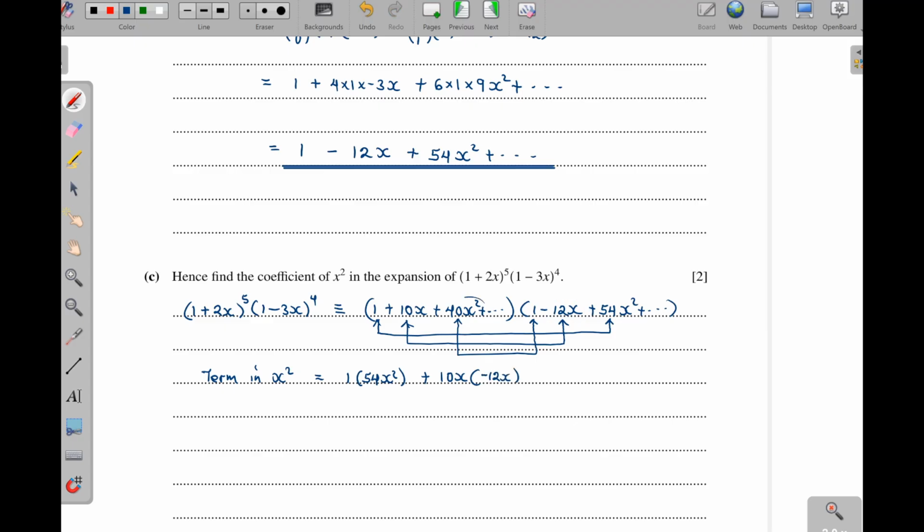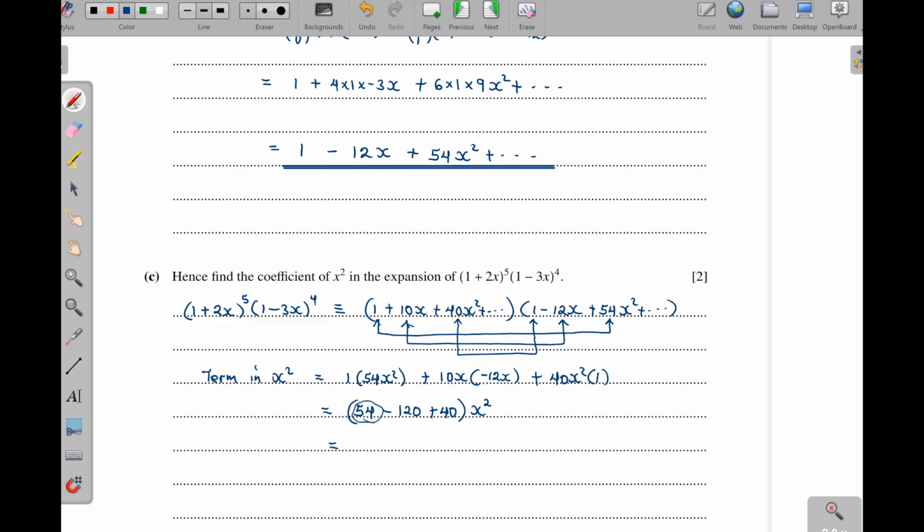And then 40x squared will multiply with 1. Okay, so that means here I'll get 54, then minus 120 here, and then here there is 40, like that. And then everything here will end in what? x squared.